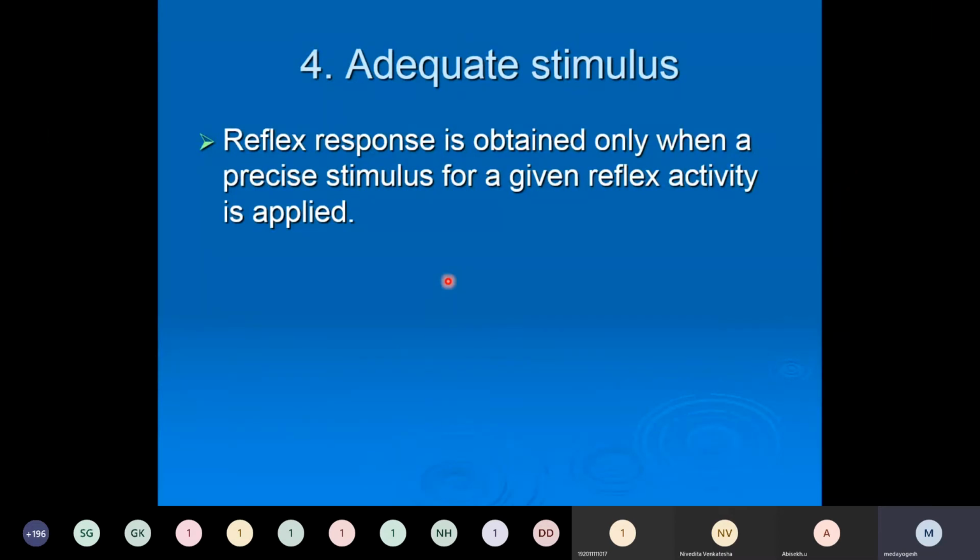Here, we are stimulating the rods and cones, but we are not giving the precise stimulus they are supposed to receive. Instead of light, we are giving a stimulus of crude touch. So it gives a response, but not the best response. That's what this tells about adequate stimulus.